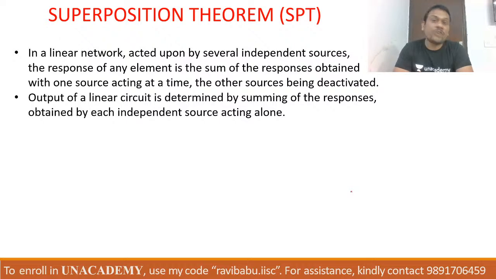By this concept, we can calculate the current through every element. And what is the advantage of it? We can identify the current contribution of the different sources for a particular load with the help of the superposition theorem. This is the biggest advantage of the superposition theorem.